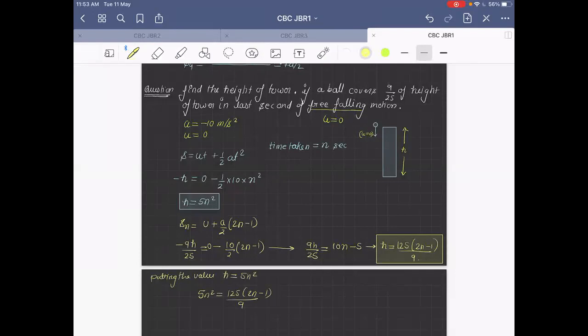Balaji, whenever something goes down, I always take negative. What you are going to say is also valid. I know you're coming from a background, sir, where if the motion is downward, you take acceleration positive. That is also valid. And you know what? If you put both sides positive, it will be correct. It will be the same thing I got here.